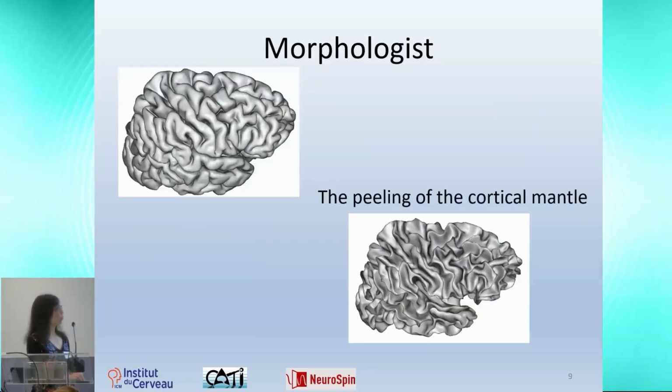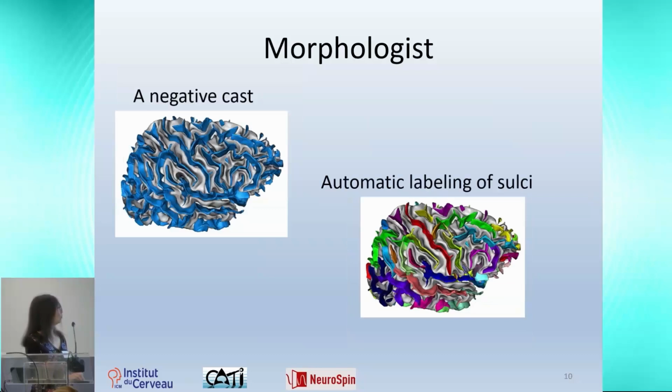So this is the tool that we used, and we obtained a mesh, and then we peeled the cortical mantle. We have a negative cast, and after that, there's the automatic labeling that will give us the final names of the sulci.